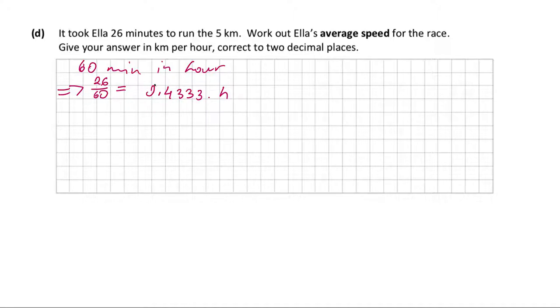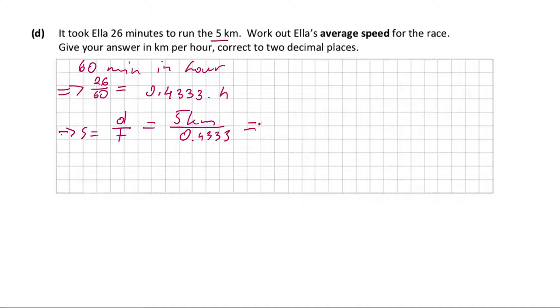So that's the fraction of 1 hour that is in 26 minutes. So then to find the speed, we know that speed is equal to distance over time. Our distance is 5k and our time is 0.4333 hours.